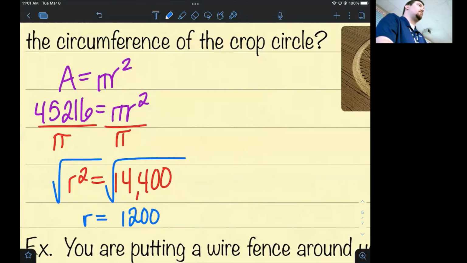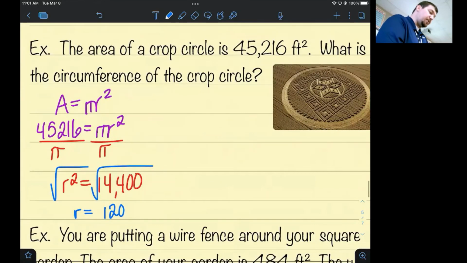Is that right? We have one too many zeros. 120? Yeah. I was trying to do it in my head and that just did not seem right. 120. So the radius of this circle is 120 feet.